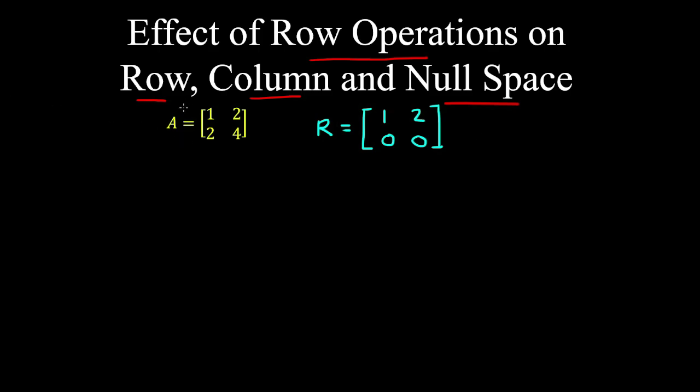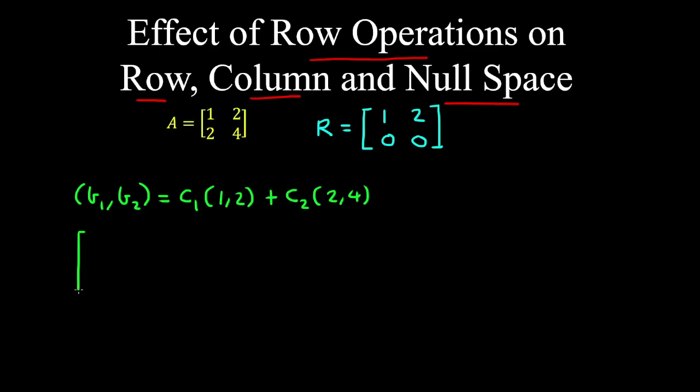Now if we want to determine the row space of A, we write some arbitrary vector b with components b1, b2 as a linear combination of the row vectors. So there'll be some constant by 1, 2 plus some other constant by 2, 4.